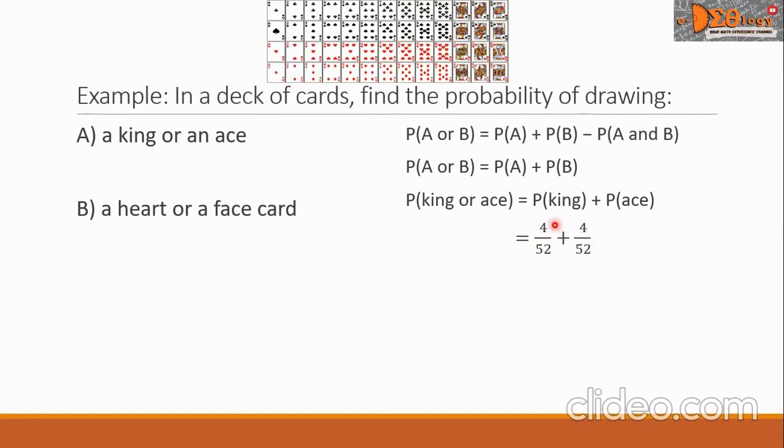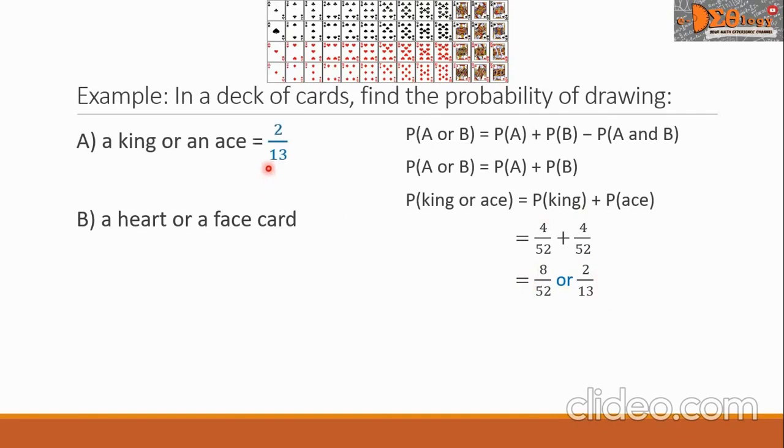So we can operate the numerators. 4 plus 4 will be 8 over the same denominator, 52. And when we simplify this, it is now equal to 2 over 13. We divide the numerator and denominator by 4. And this value, 2 over 13, we will write in here. So the probability of a king or an ace equals 2 over 13.